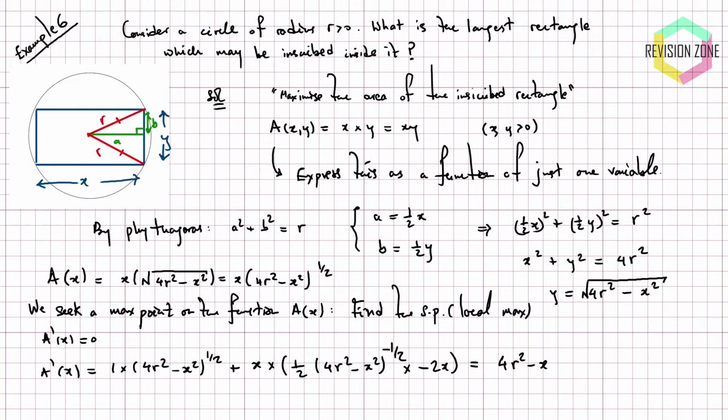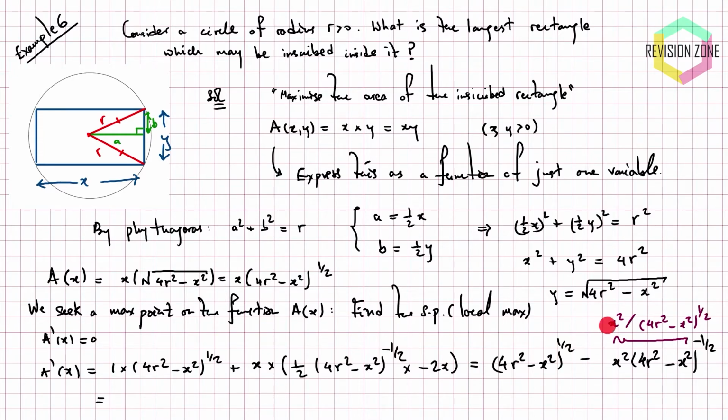(4r squared minus x squared) to the half, take away x squared times (4r squared minus x squared) to the minus a half. And this thing here is, of course, a fraction. So it's x squared over (4r squared minus x squared) to the half.